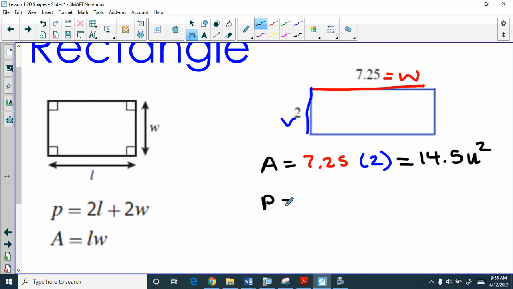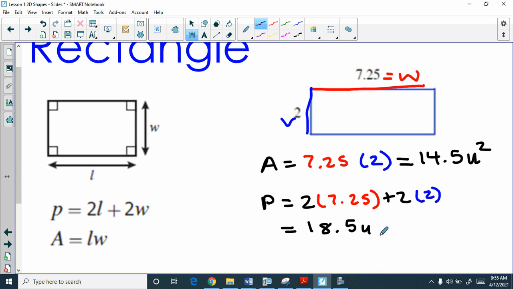And for our perimeter, it's going to be 2 times our length plus 2 times our width. And that's going to give us a value of 18.5. And again, we don't have a unit, so we'll just put u there.